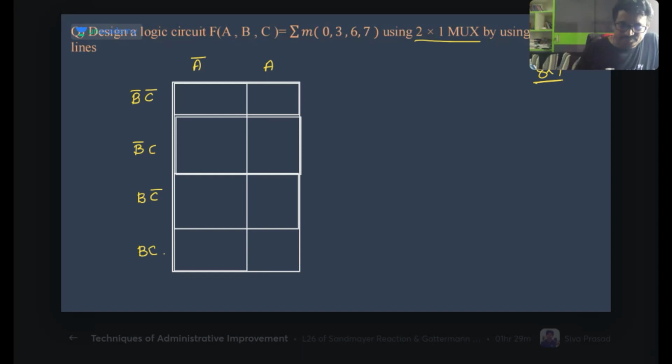Now this is A bar B bar C bar, this is A B bar C bar, this is A bar B bar C, this is A B bar C, this is A bar B C bar, this is A B C bar, this is A bar B C, and this is A B C.